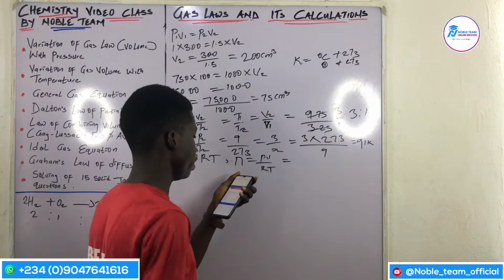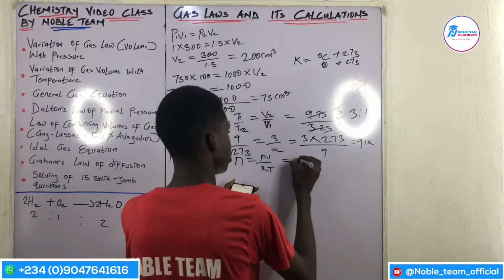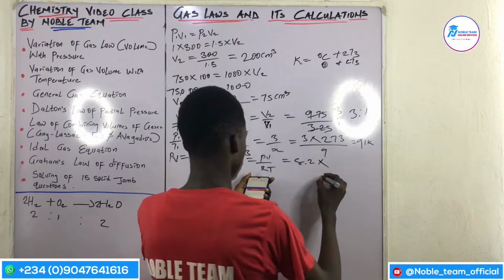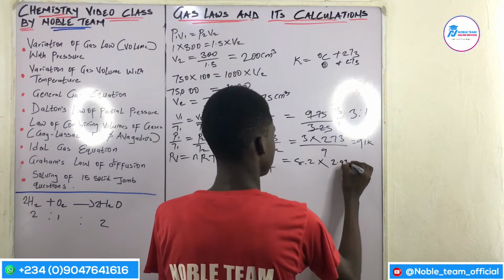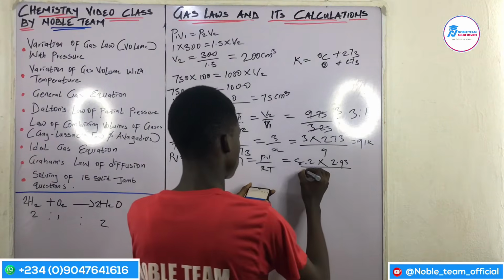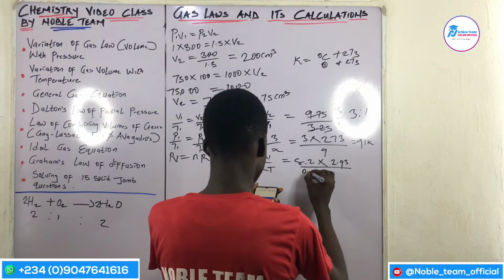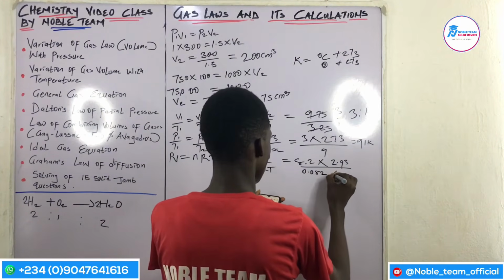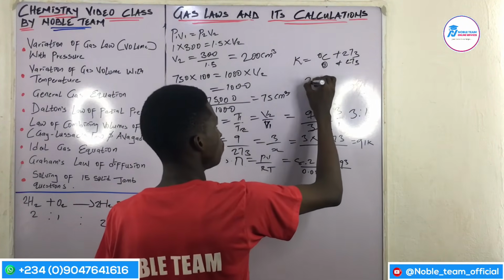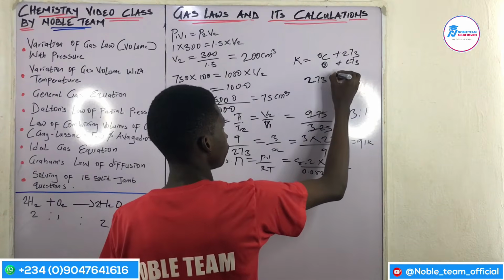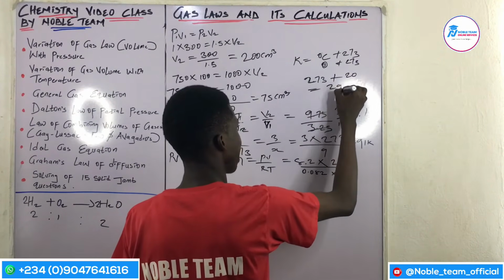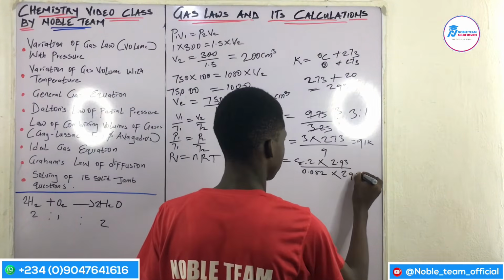So I have my P to be 8.2 multiplied by V, which is 2.93, divided by R, which is the universal gas constant, 0.082, multiplied by the temperature, which is 273 plus 20 degrees, going to give me 293.